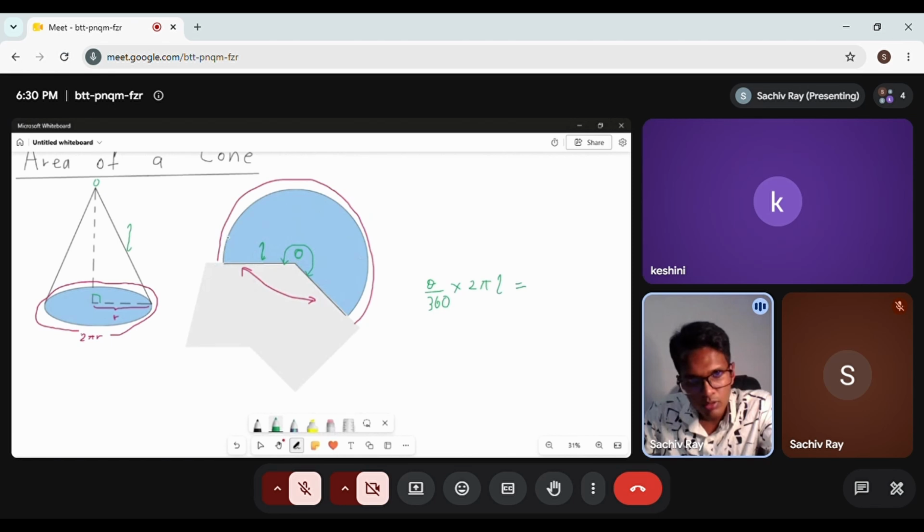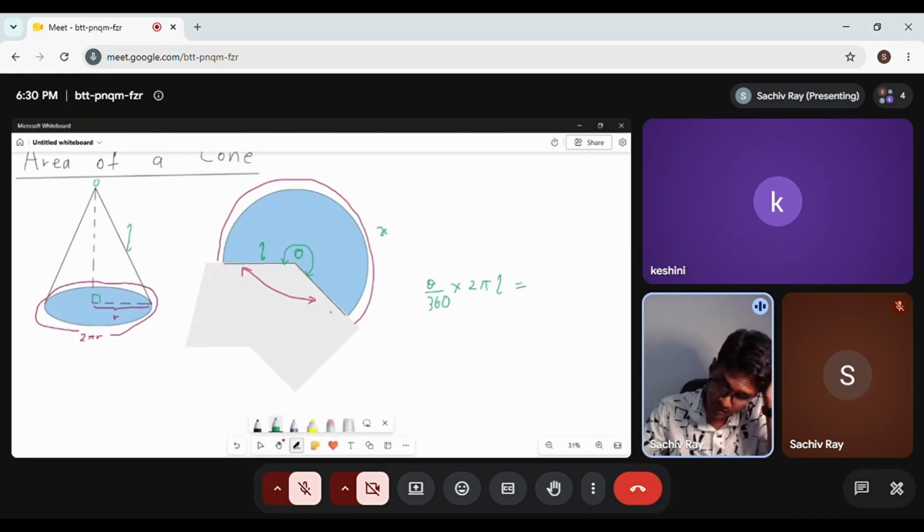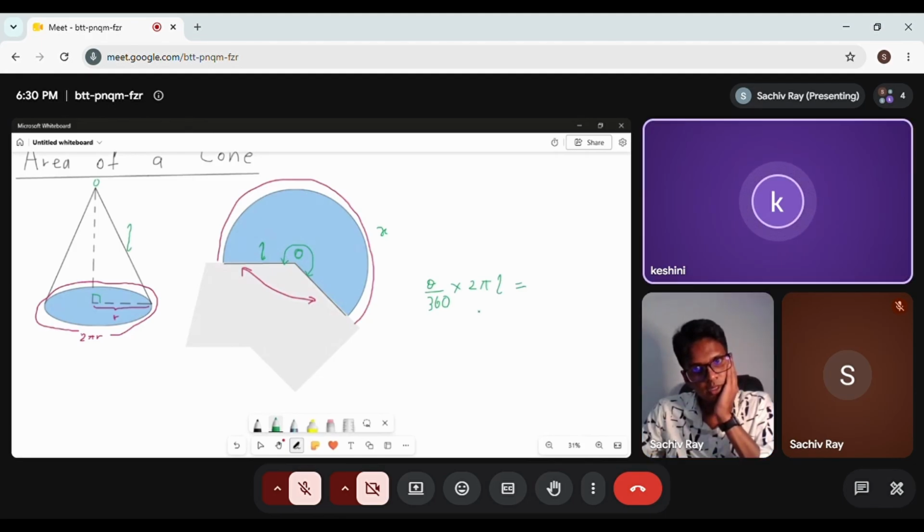If I told you the circumference of this sector, this sector part, is x, this length from here all the way to here. Okay, sir. Now, how do you find the circumference of the sector? The outline of a sector, how do you find that? Theta over 360 into 2 pi r.